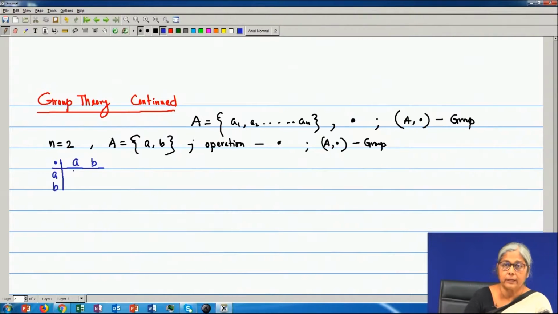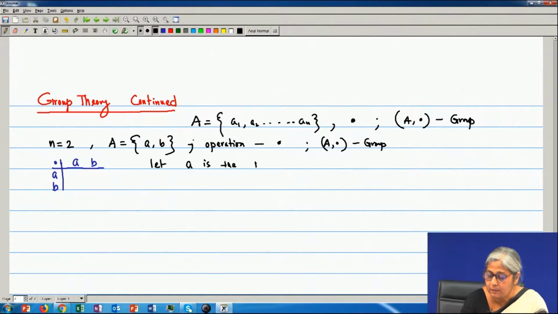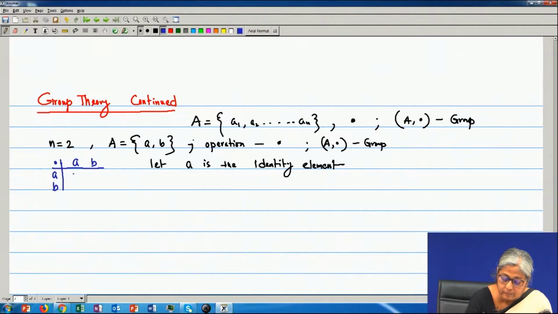Now, since it is a group, it has some identity element, and since it has two elements only, one must be the identity element. So, let A be the identity element. So, we can write A dot A is A only.